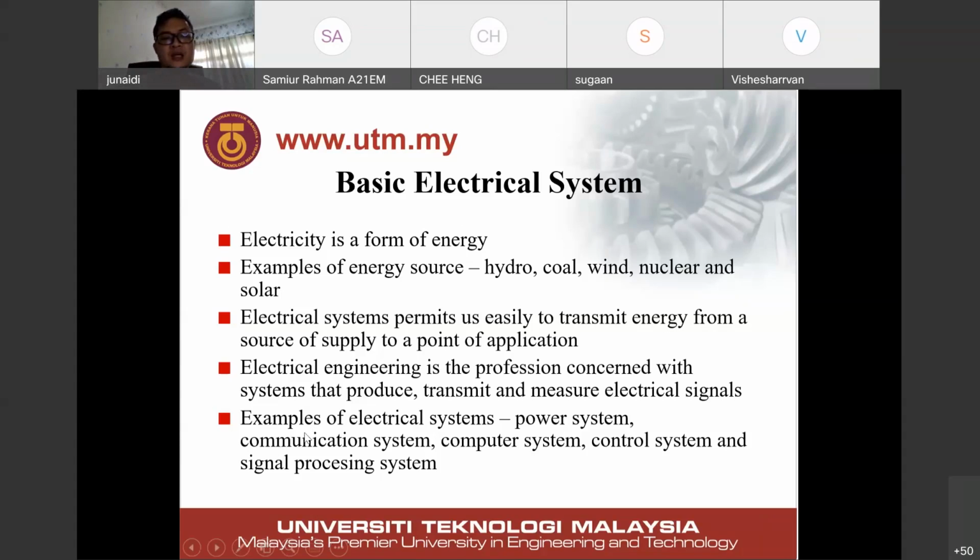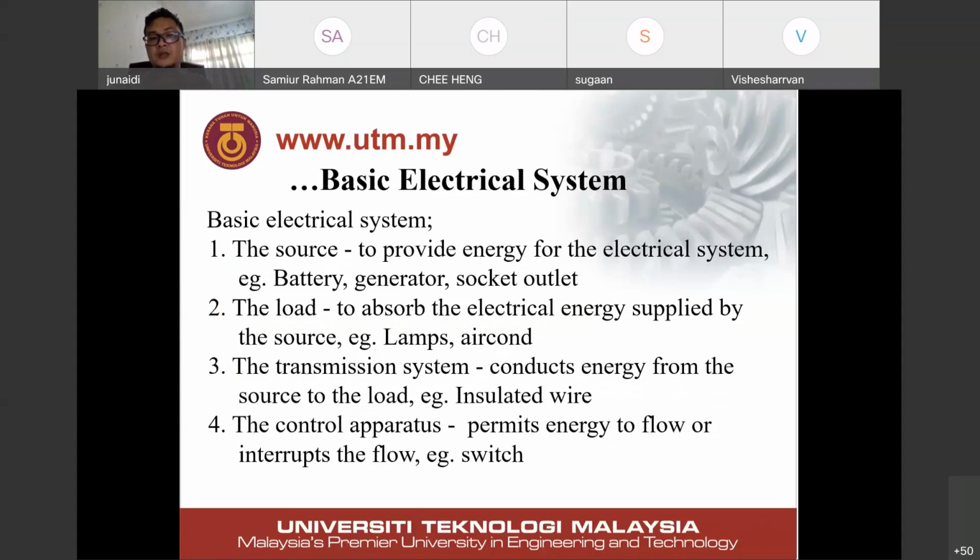Okay, and then the examples of electrical systems: power systems, communication system, computer system, control system, and also signal processing system. So these are the examples of electrical systems. Banyak lagi sebenarnya. Okay.